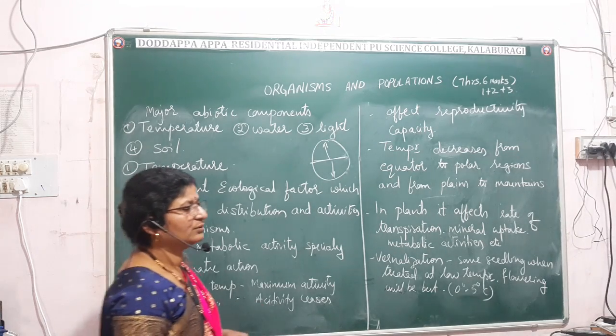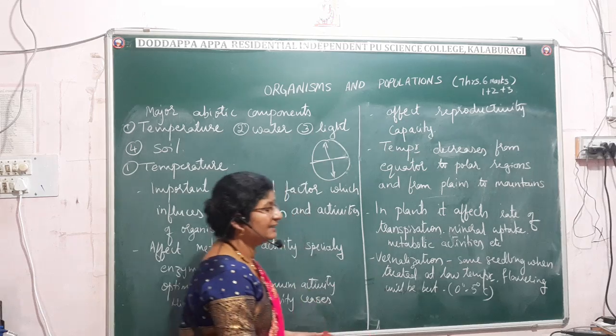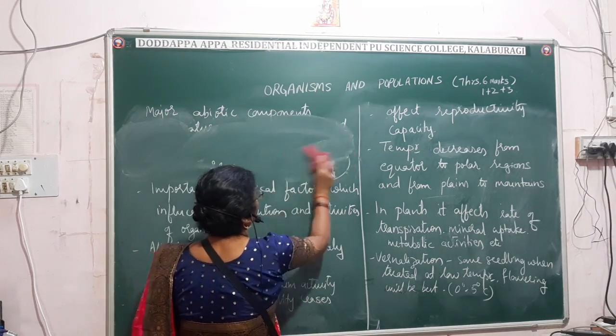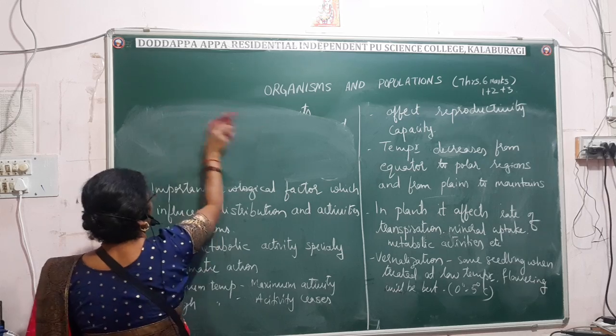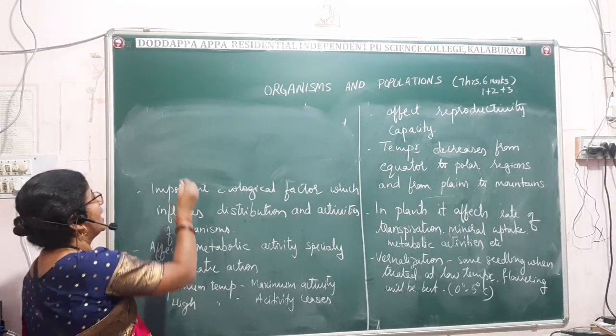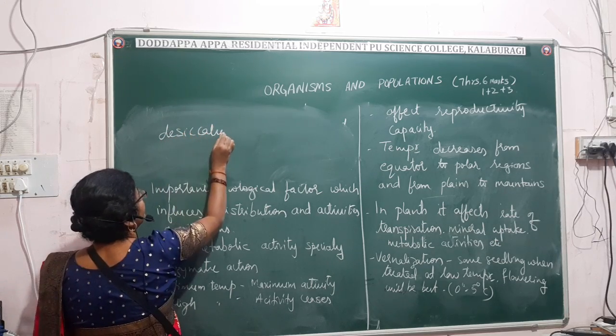Next, let me go to some more metabolic activities, that is about desiccation. You know that when the plants are exposed to high temperature, they lose water, and that process is called desiccation. What do you mean by desiccation?